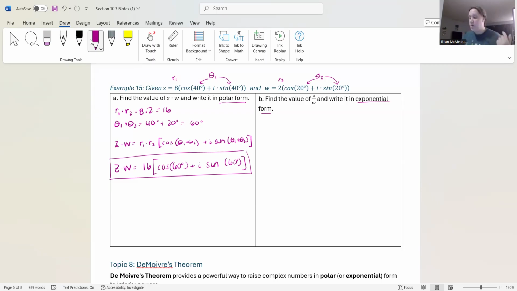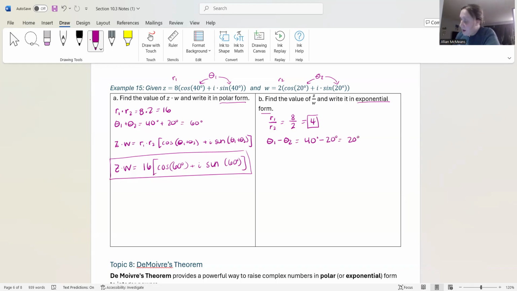Now, find the value of z divided by w, but we're going to write it in exponential form. So let's see, r1 divided by r2. Well, r1 is 8, r2 is 2, so we're going to get 4. And then theta 1 minus theta 2. Remember, for division, we divide r's, we subtract thetas. Theta 1 is 40, theta 2 is 20, so that gives us 20 degrees.